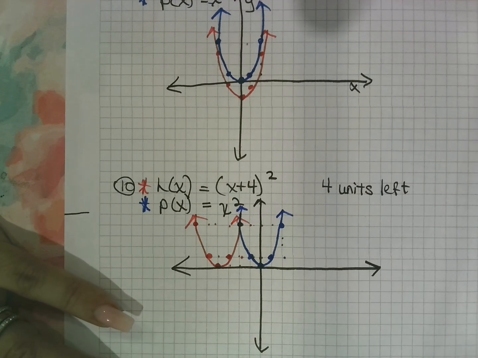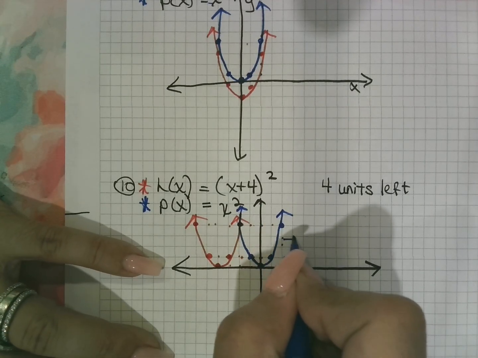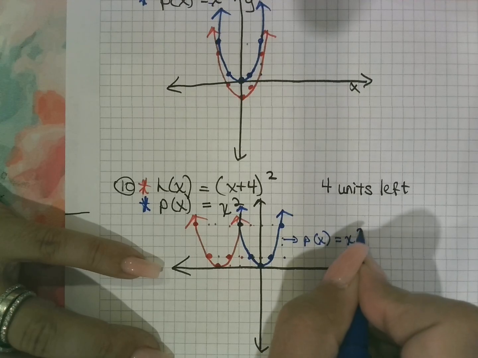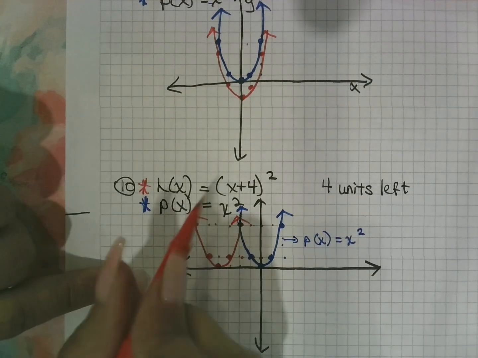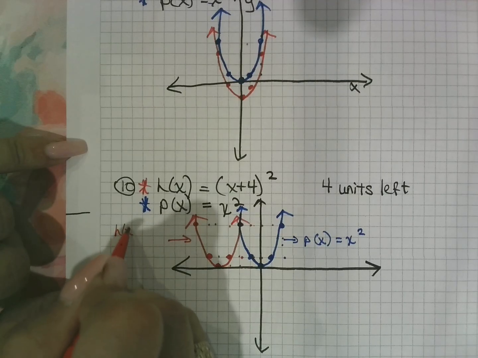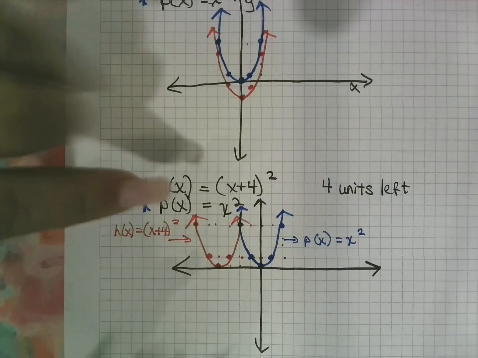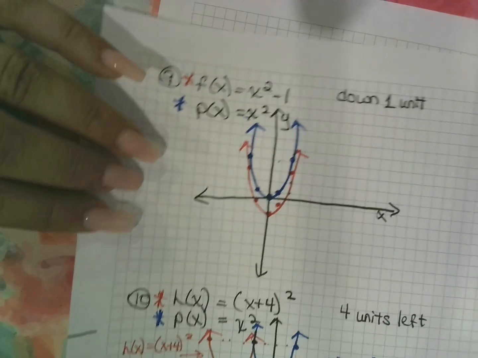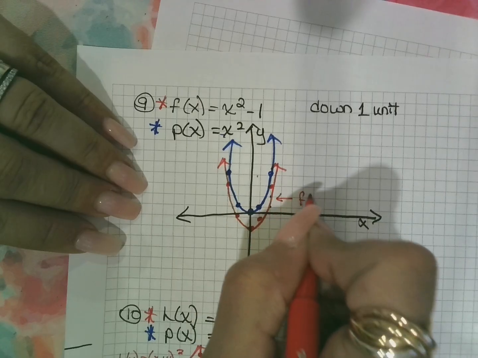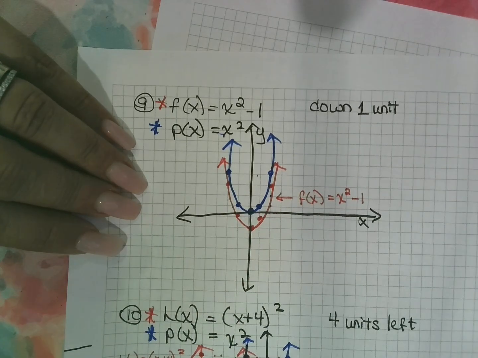Now, if you don't have colors for the quiz, then just please label each of these. This would be p of x equals x squared. This red one is h of x, x plus 4 squared. In fact, I'm going to go back and label them all just in case. This red one is f of x, x squared minus 1.